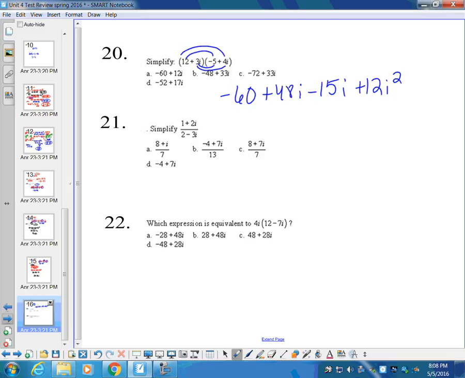So, combine your like terms. You'll get 33i, negative 60 plus 33i minus 12. So it's negative 72 plus 33i. So C is the correct answer.